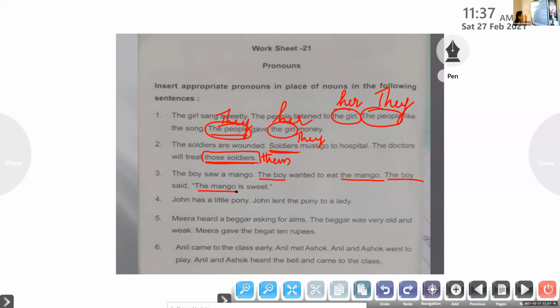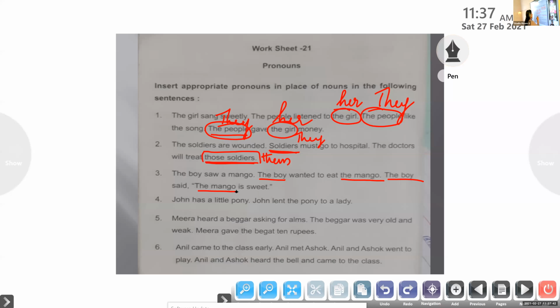If it is repeated only once, we can use the noun. If the noun is repeated more than once, it should be replaced by a pronoun. Please do understand that. So here we are going to replace a noun by a pronoun. But when we replace it, there are subject pronouns and also object pronouns.